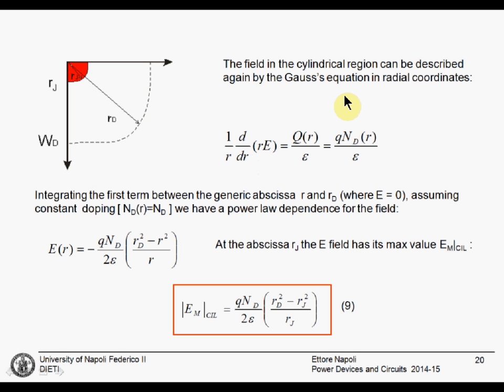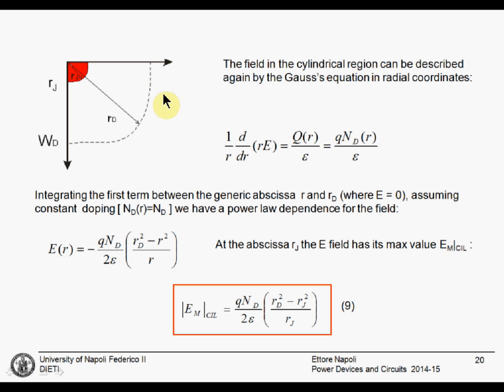It is a simplified equation, since we assume that the electric field does not depend on the angle. It means that the derivatives over theta are always 0. This is the equation. This is the charge concentration, that is Q multiplied by the doping.